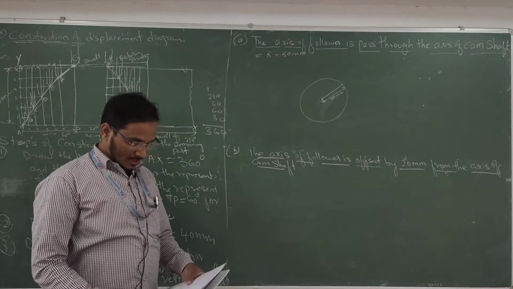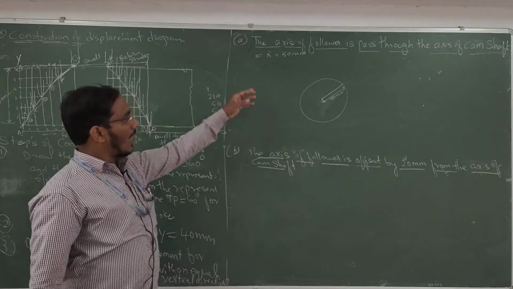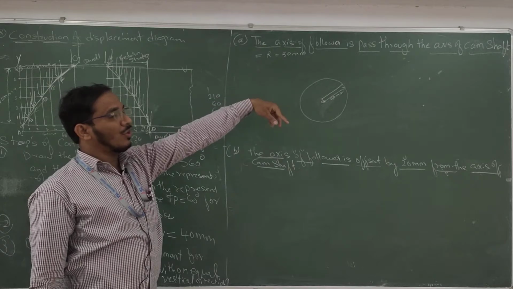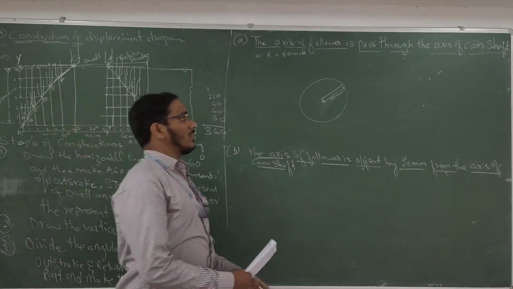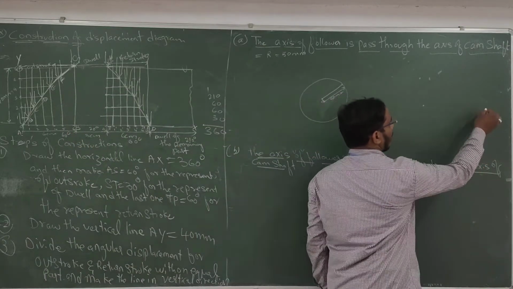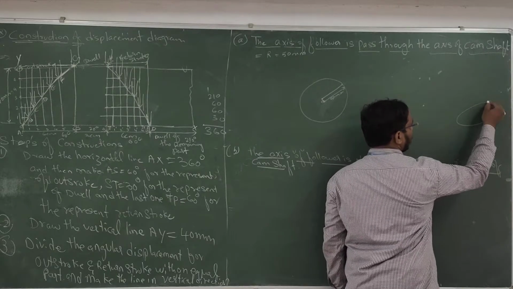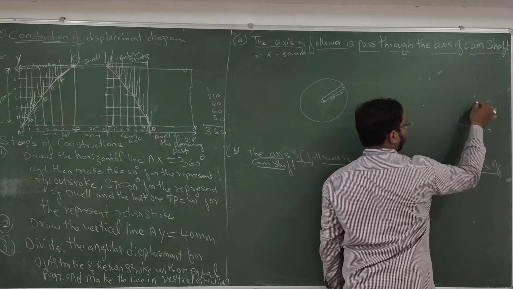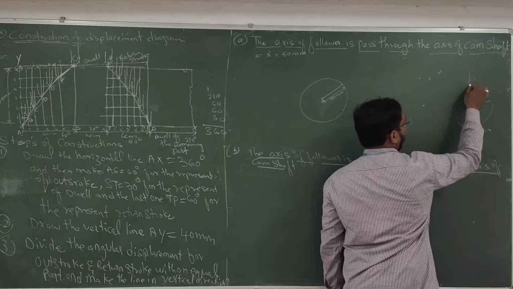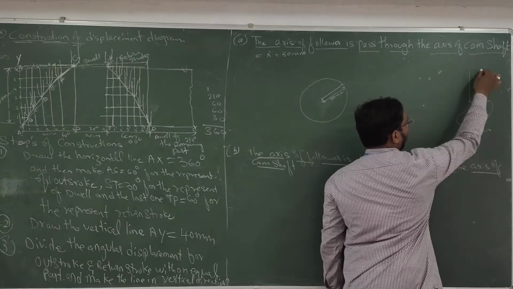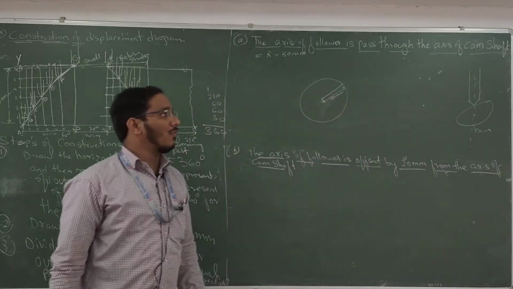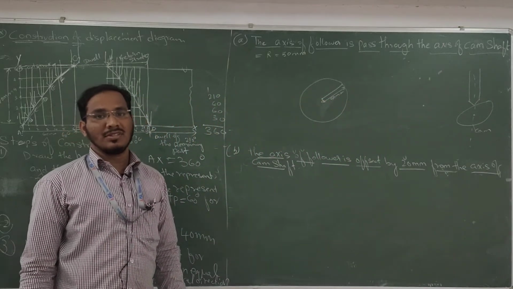since the question is saying the axis of the follower passes through the axis of the camshaft, it means the axis of the camshaft, which is the cam's axis, is the same as the axis of the follower. The question is saying the axis of the follower and the axis of the cam are the same.